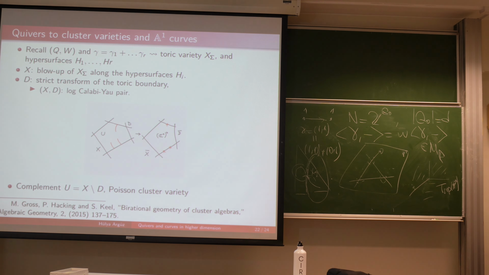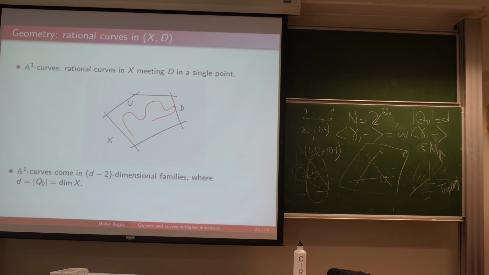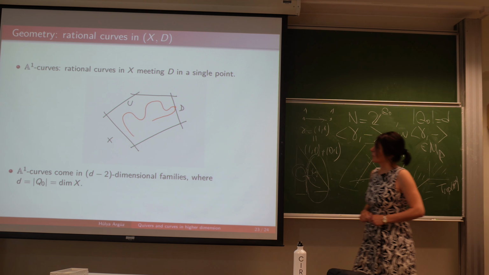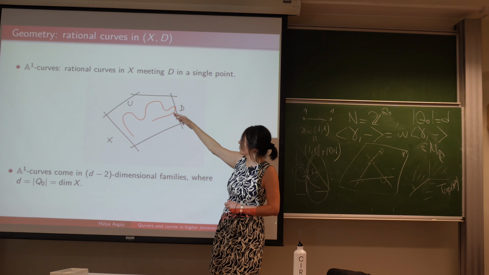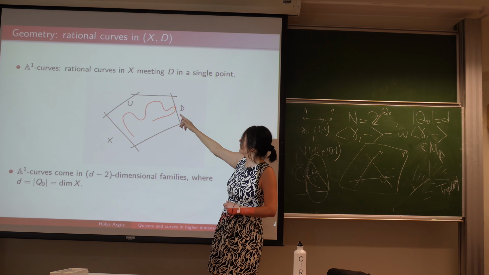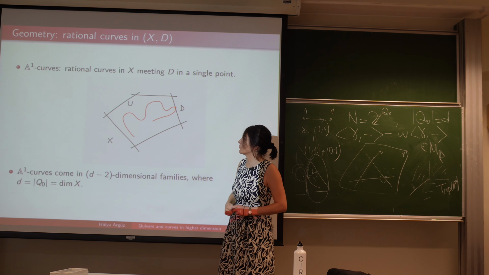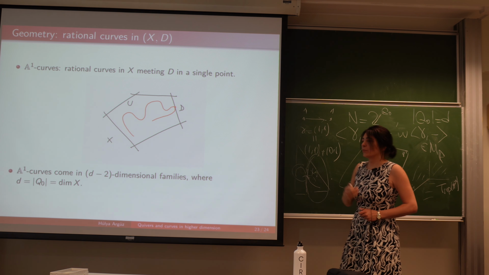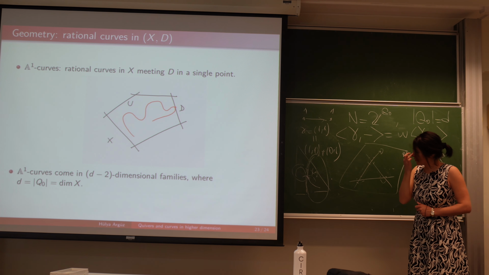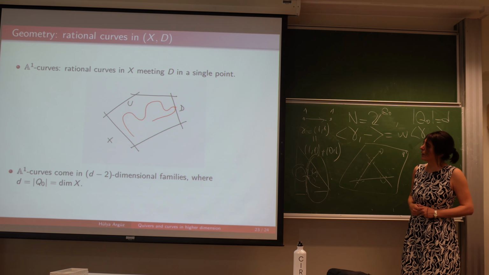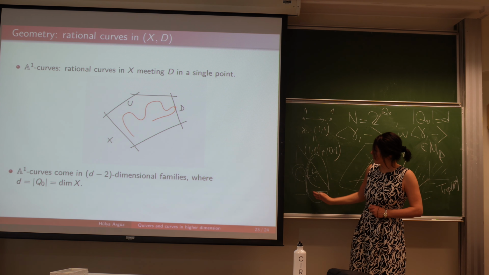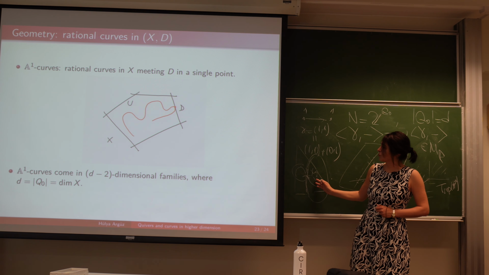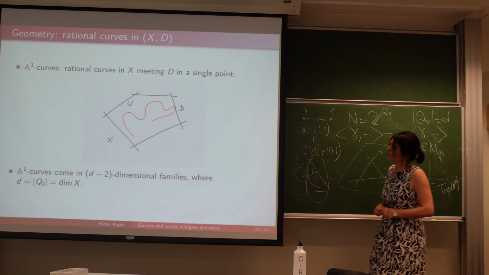And in this cluster variety, you can look at particular types of curve counts, which we call A1 curves. These are rational curves in this cluster variety meeting D at a single point with given order of tangency. And as we mentioned, these are exactly the curves appearing in the DT setup and which degenerate into curves in a toric variety that we mentioned, in some multiple covers.